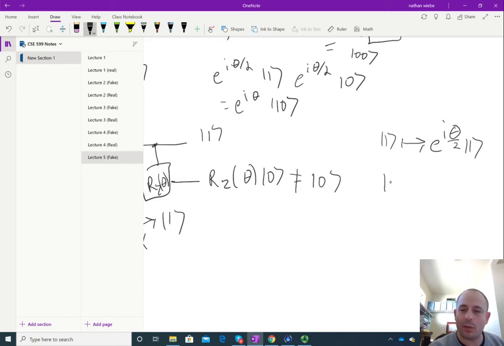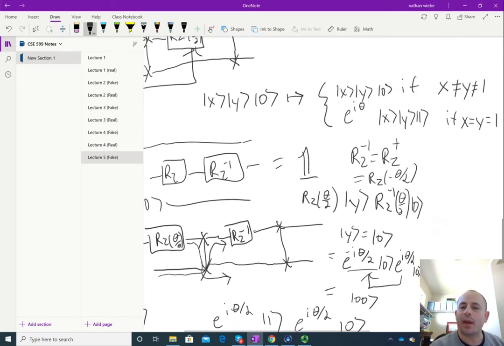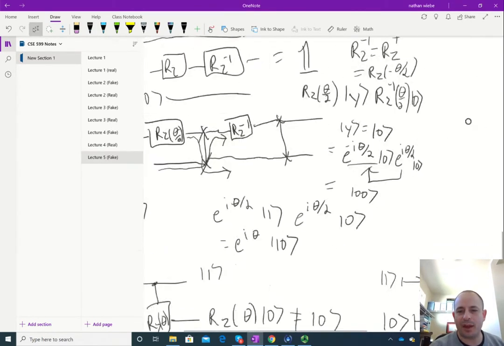And then we take 0 to e to the minus I theta over 2, 0. Okay, and that's basically the idea.